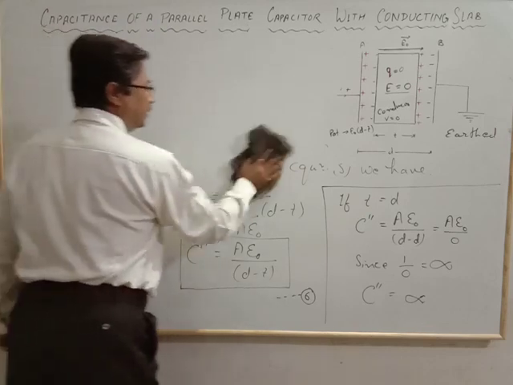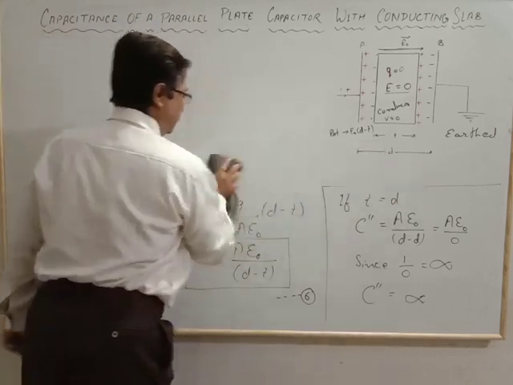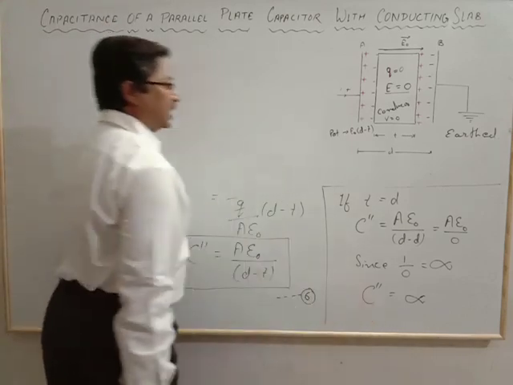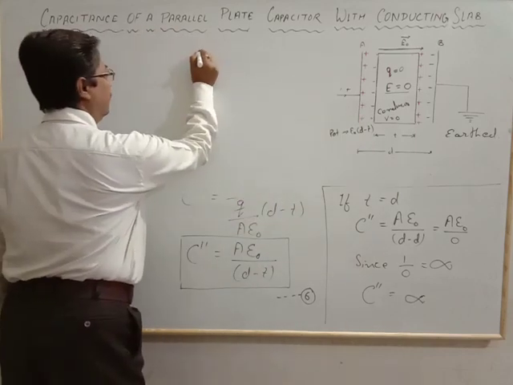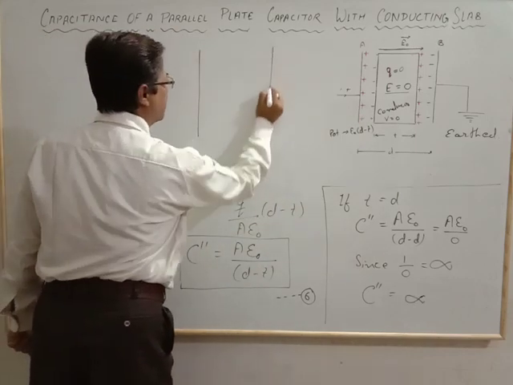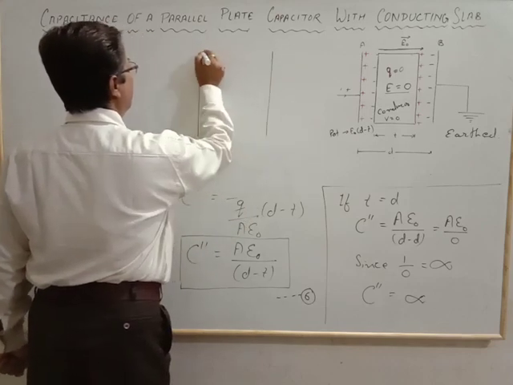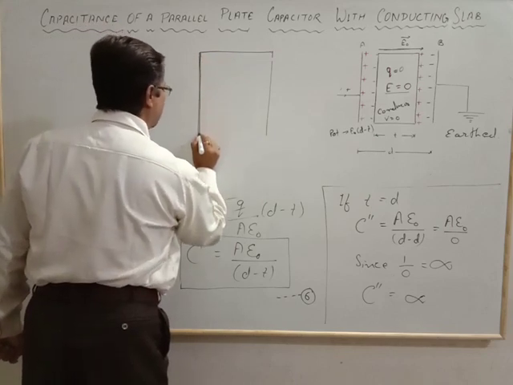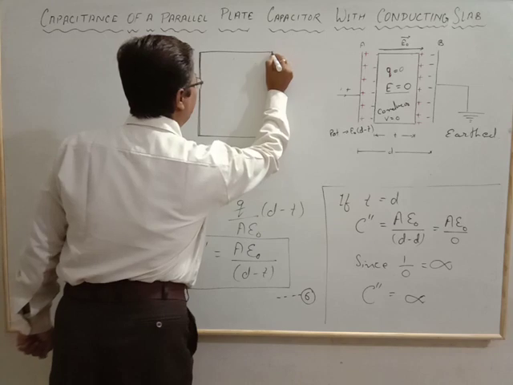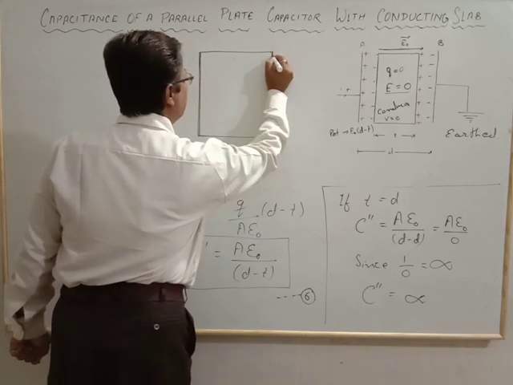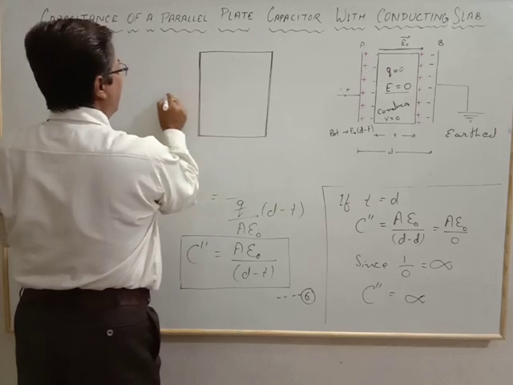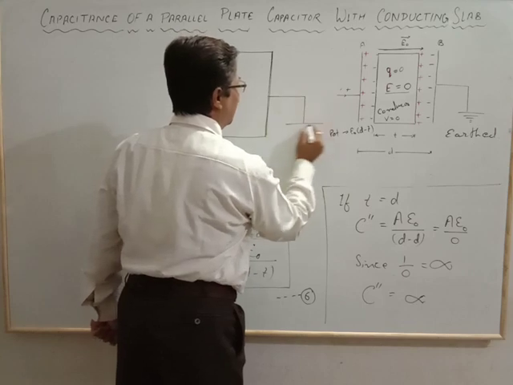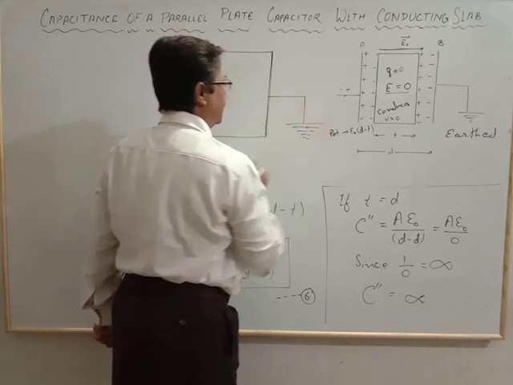The capacitance, the ability to store charge, becomes infinite. In that case, the whole space between the plates is covered with the conducting slab. Now if it is covered with the conducting slab, that means it itself behaves as a conductor. The complete device now becomes a conductor, and whenever the charge is provided, the charge will continuously move to the earth or get neutralized.